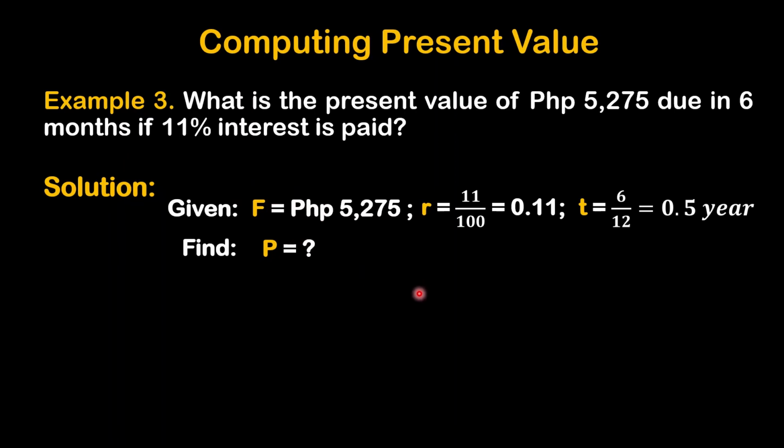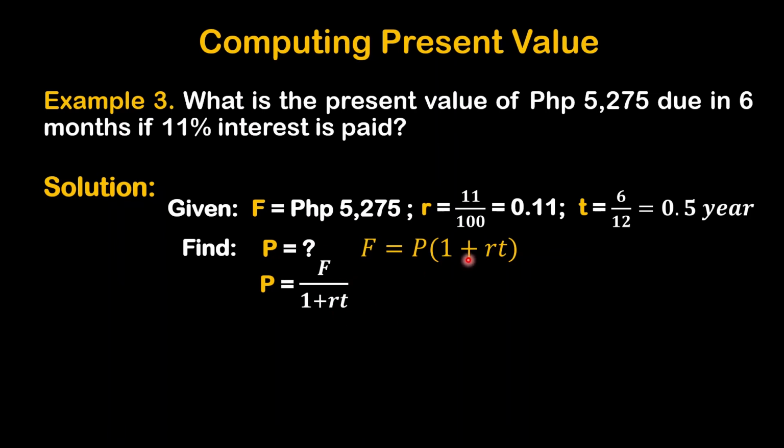That means the formula we should use is the formula for the future value, which is F is equal to P times 1 plus RT. So from this formula, we derive the formula on how to compute the P or the present value. So in this case, our formula is P is equal to F over 1 plus RT.